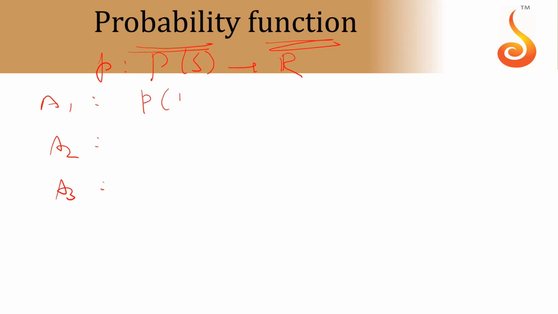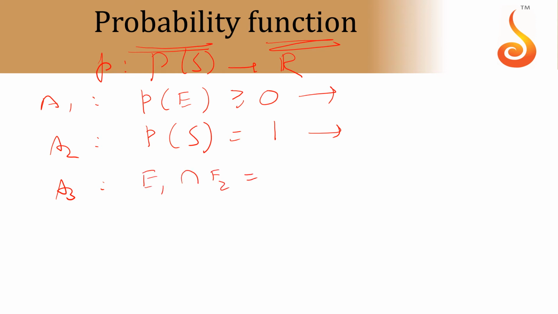Let E be any event, then its probability should be greater than or equal to 0. Let S be the sample space, its probability is always 1. This is called the axiom of non-negativity. This is called the axiom of certainty. And axiom 3 is very, very important. Suppose there are two events E1 and E2 which are mutually exclusive.